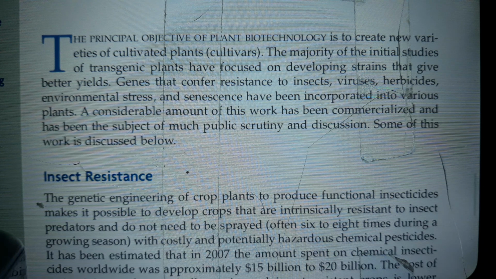Genes that confer resistance to insects, viruses, herbicides, environmental stress, and senescence have been incorporated into various plants. A considerable amount of this work has been commercialized and has been the subject of much public scrutiny and discussion. Some of this work is discussed below.